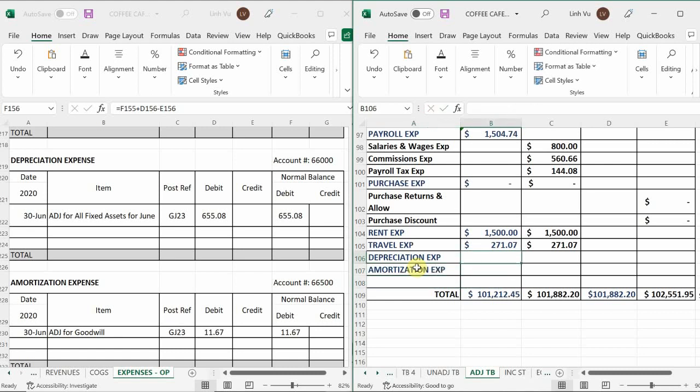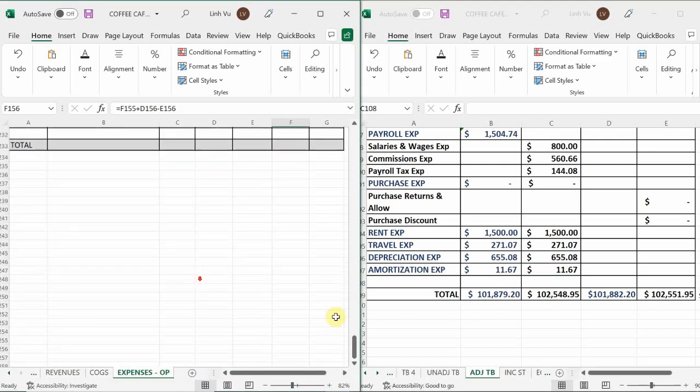Okay. My depreciation expense was $655.08. Oh, wrong part here. 655.08. And then my amortization was the $11.67. Okay. And that is all the accounts here.